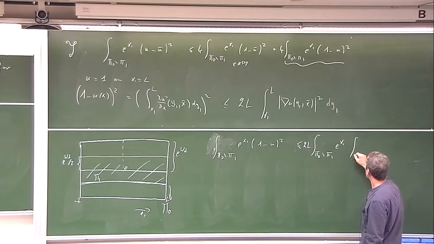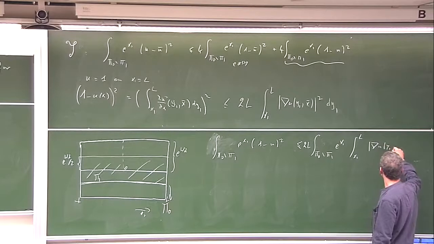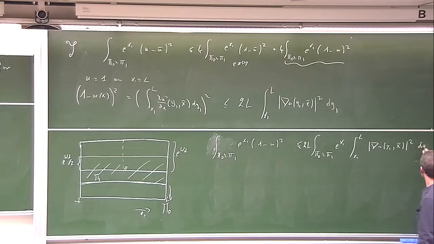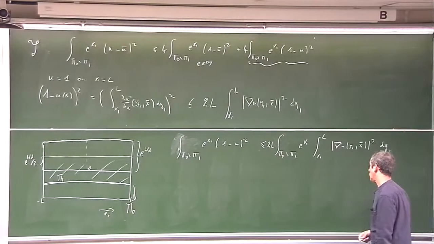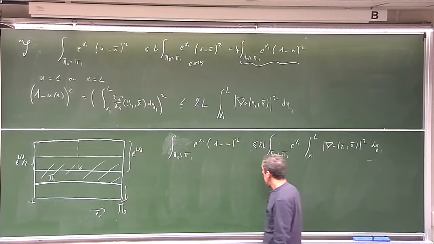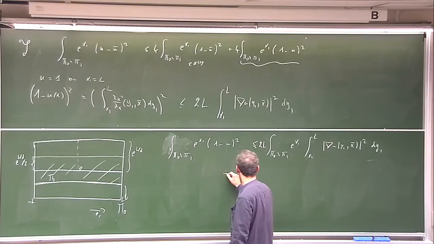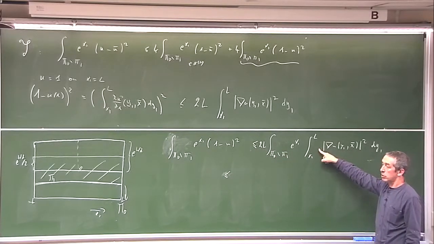And then the integral from x1 to L of the gradient squared dy1. Okay. And this is not exactly what we want, because what we want is to have the exponential term here.